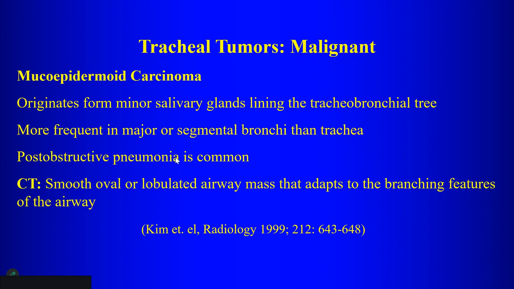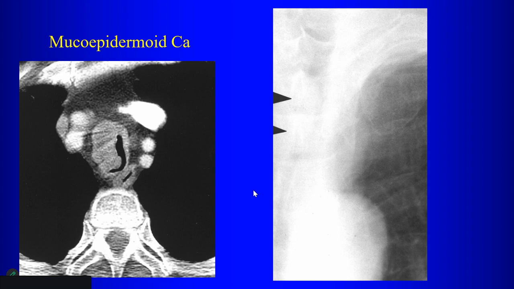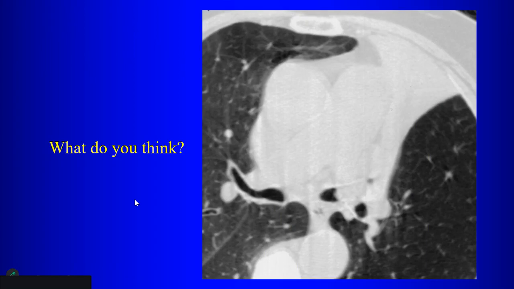Mucoepidermoid tends to occur more along the bronchi than the trachea, but it can also occur within the trachea from salivary gland rests. These tend to occur in the segmental airways, these mucoepidermoid tumors. Here's an example in the trachea. You would say squamous cell cancer if you saw something like this, and 98% of the time you'd be right.